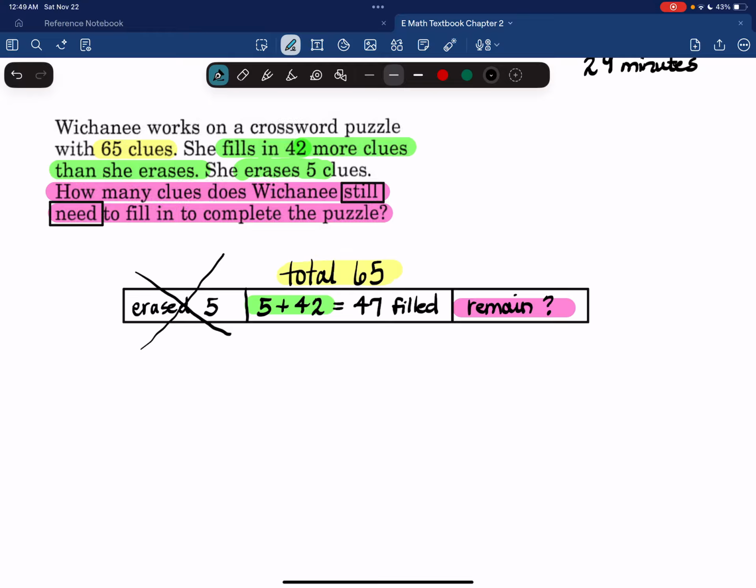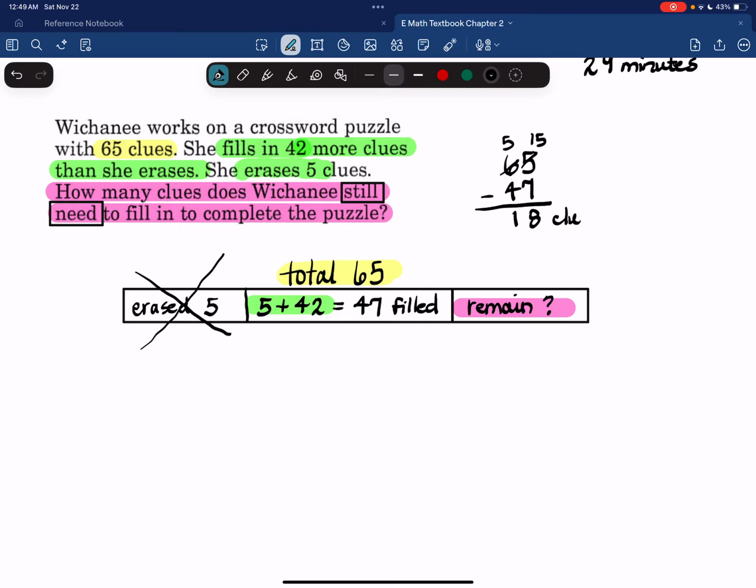You can just do the algorithm or you can set it up however you want it. But you're going to do 65 minus 47. That's what's bothering me about this one. 15 minus 7 is 8, and 5 minus 4 is 1.